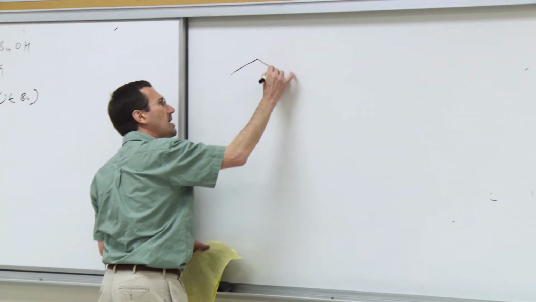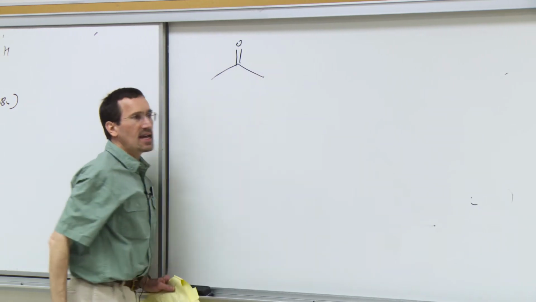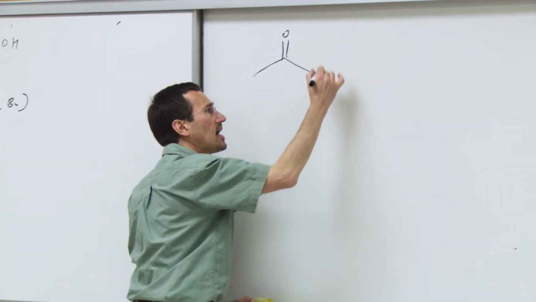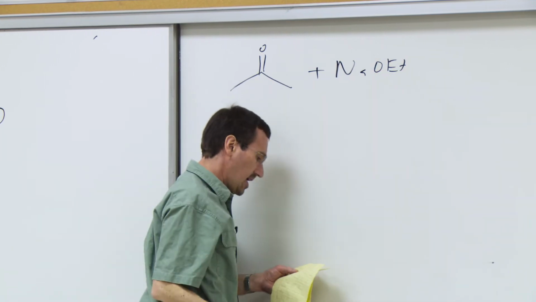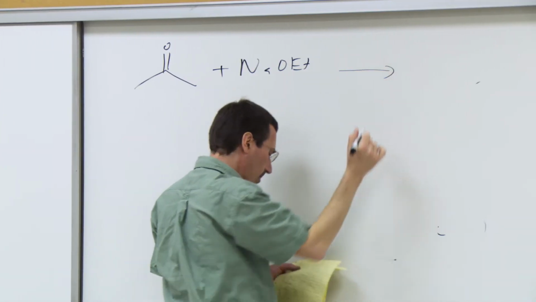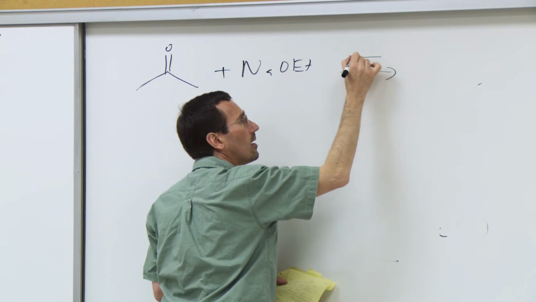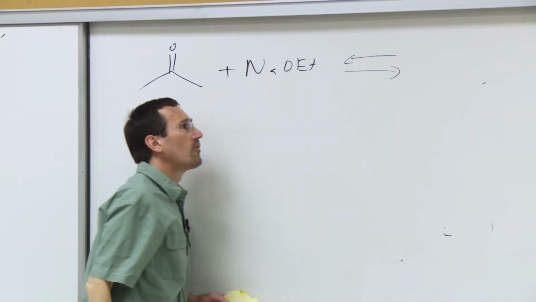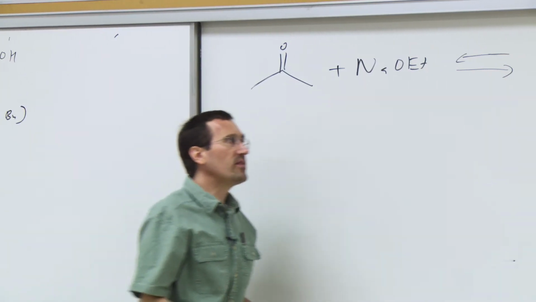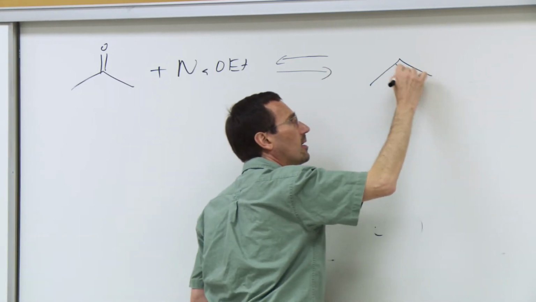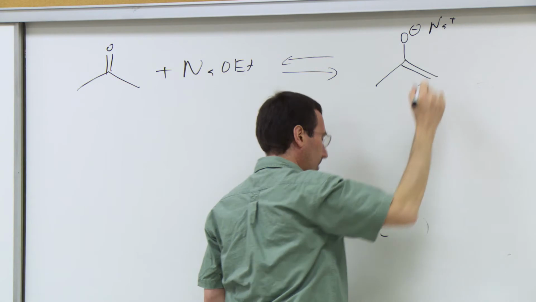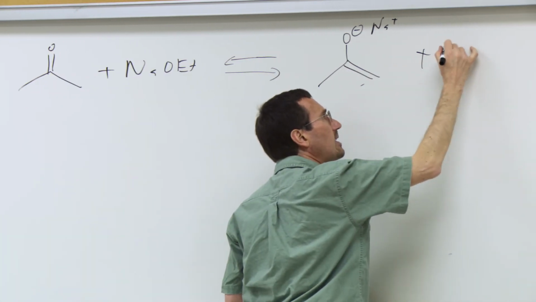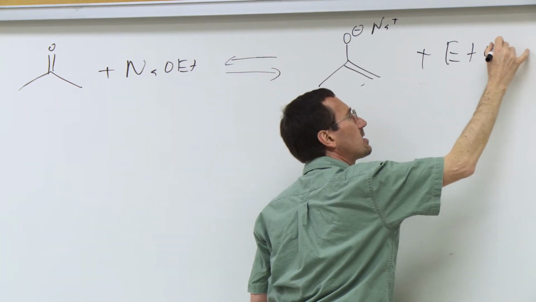So for example, if I take acetone and I take sodium ethoxide, NaOEt, and I look at the equilibrium for generation of the enolate, I'll even write this as an acid-base reaction.